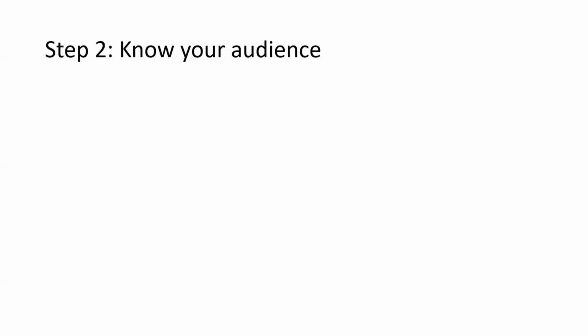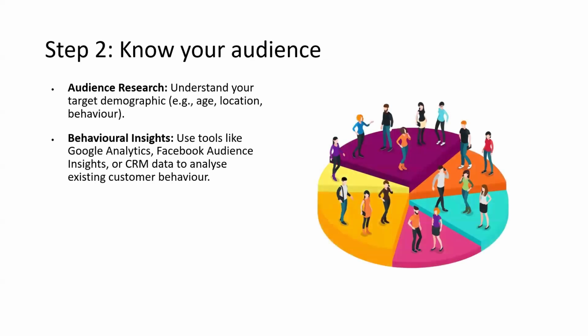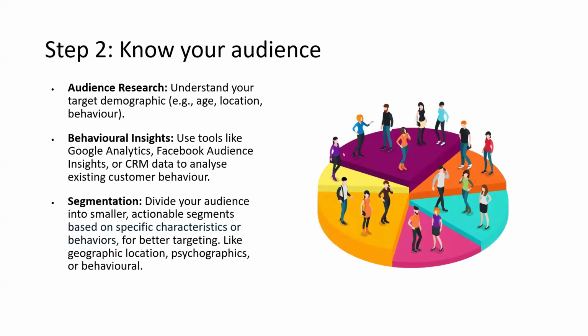We should have all the information about the audience that we need to target, and it could be through audience research. We need to understand what kind of demographics we are going to target, and we should gain some behavioral insights by using tools like Google Analytics, Facebook Audience Insights, or CRM data, to analyze the existing customer behavior.